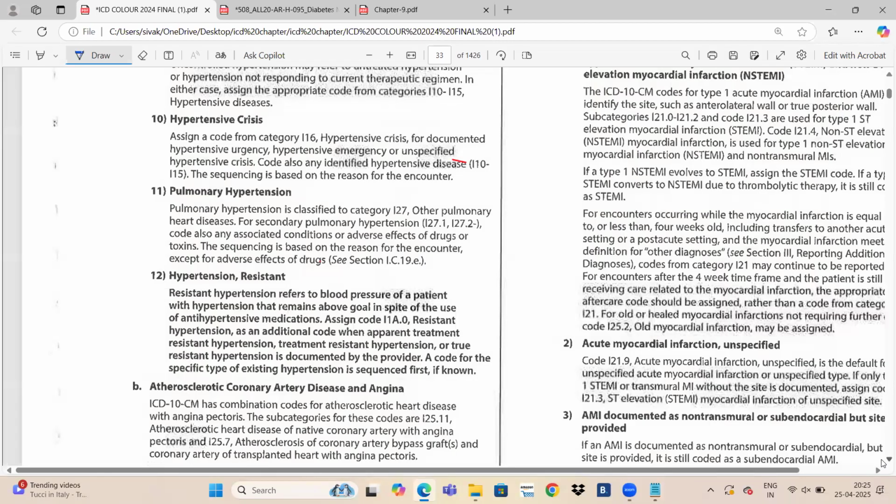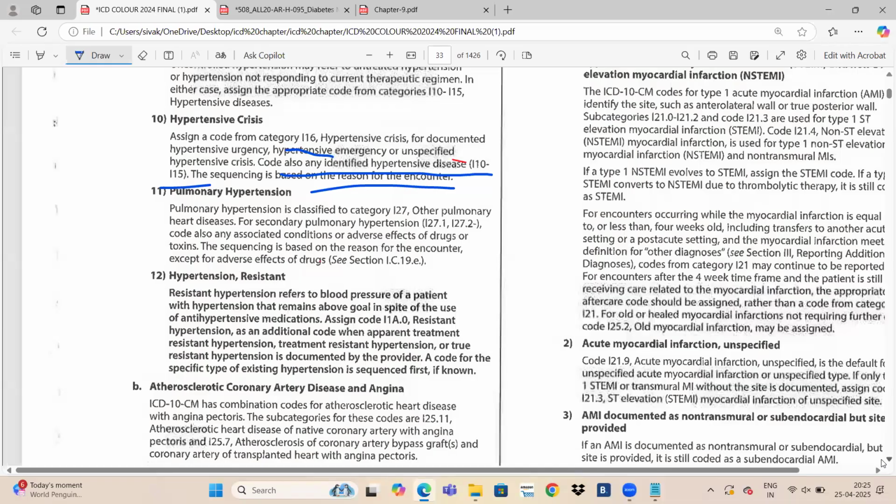See, if a patient has I16 hypertensive crisis, code also any identified hypertensive disease, I10 to I15 series. The sequencing is based on the reason for the encounter. If they admitted for hypertensive crisis, it should be sequenced first. If they admitted for hypertensive disease, the hypertensive disease should be sequenced first, based on the encounter treatment.